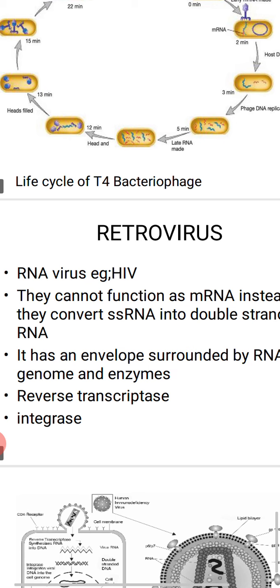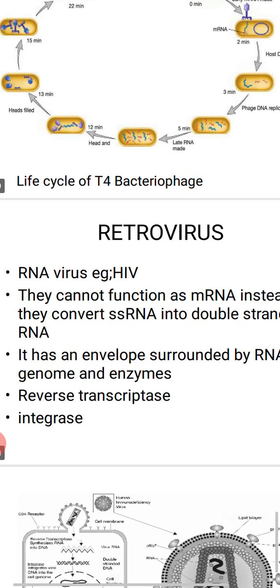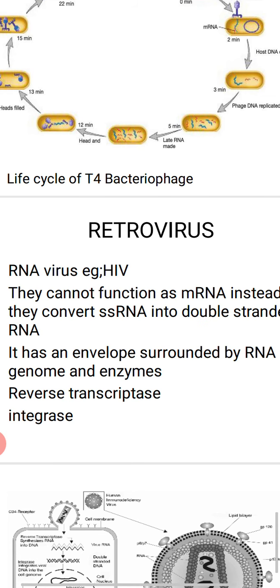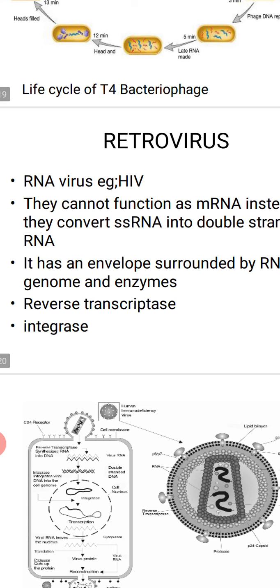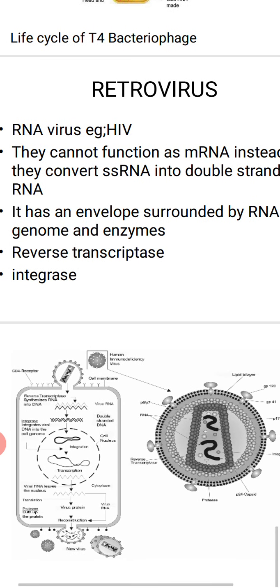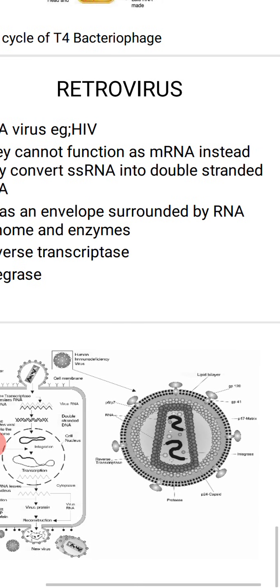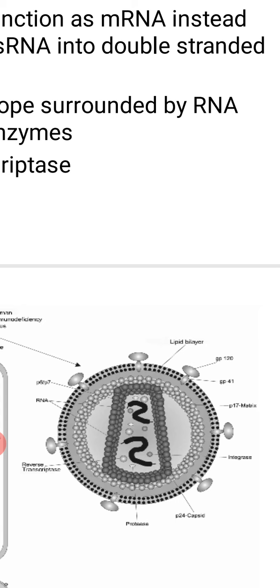Instead, they convert ssRNA into double-stranded DNA. It has an envelope surrounding an RNA genome and enzymes. Reverse transcriptase is used there, and integrase is also used to take over the host machinery. So this is the structure of an RNA retrovirus.